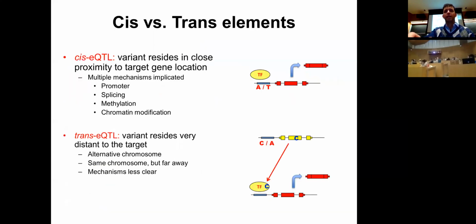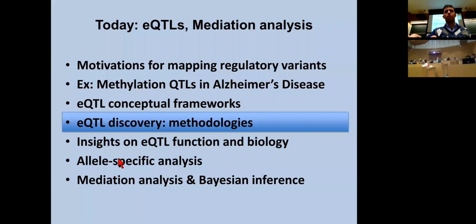So these are all cis-acting variants. But in addition, these genetic variants can influence the trans aspect, namely the transcription factor that binds. With cis eQTLs, the variant resides in close proximity to the target gene location. With trans eQTLs, the variant resides very distantly. It could be anywhere in the genome, and then the mechanism is much less clear.